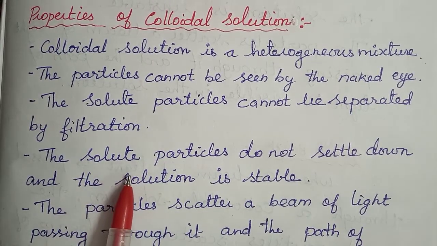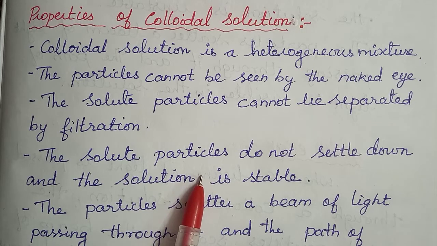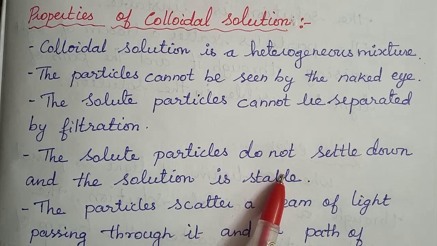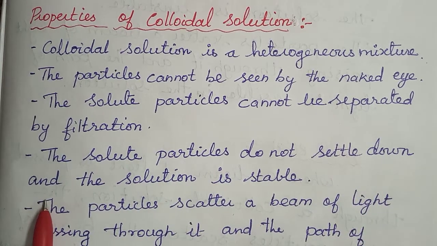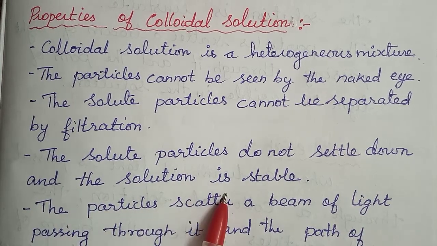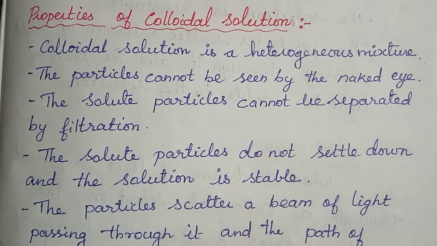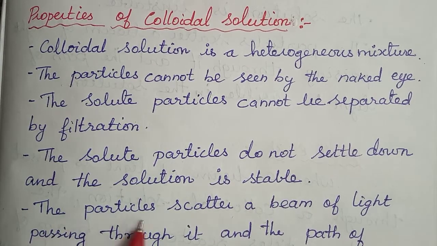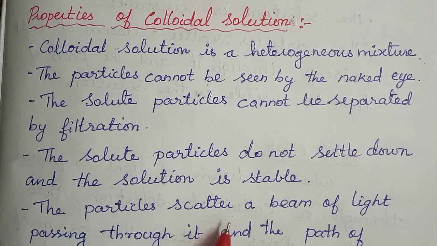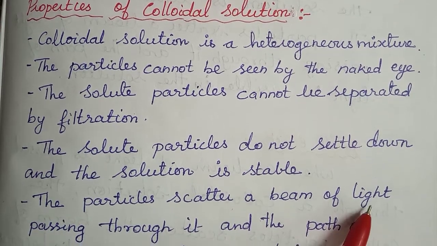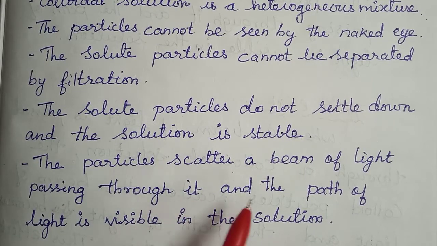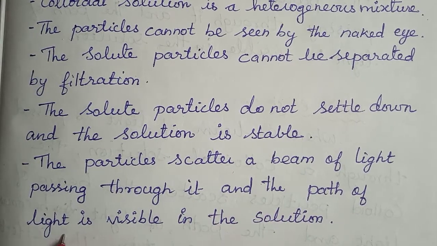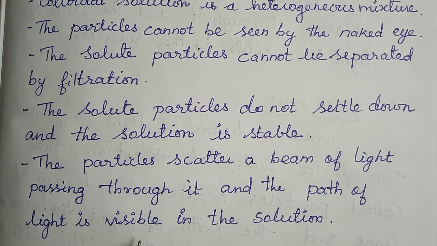The solute particles do not settle down and the solution is stable. The particles scatter a beam of light passing through it, and the path of light is visible in the solution.